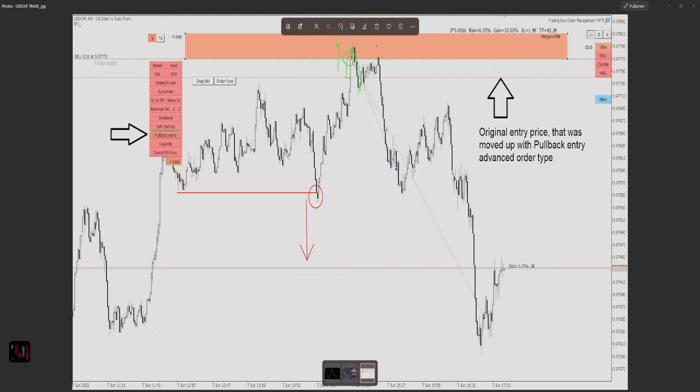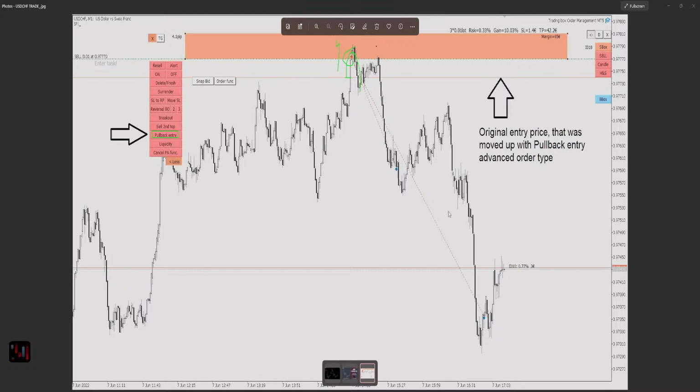That could have been one option as well. Yeah, target, we closed it somewhere here, and there's maybe more potential to go to the downside. Yeah, for the dream target.